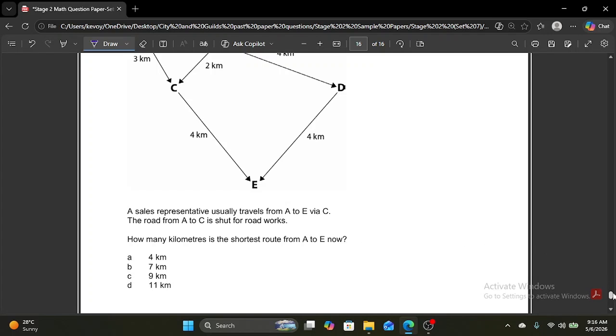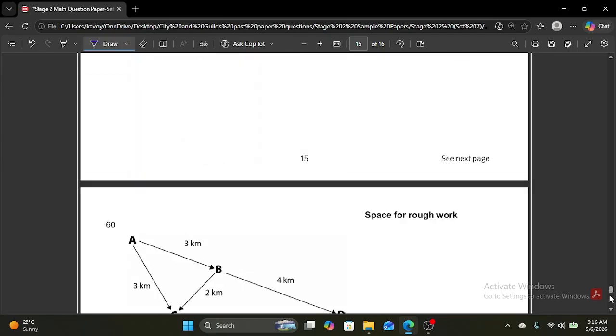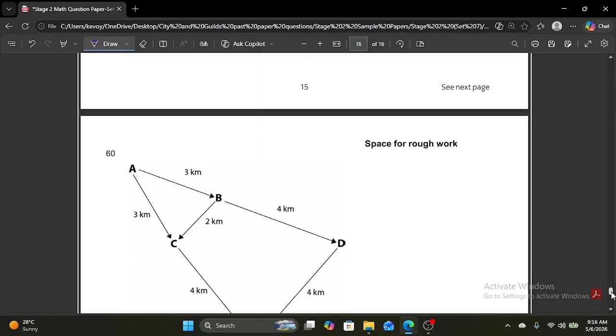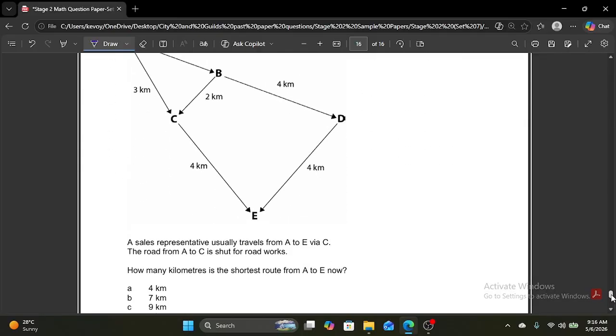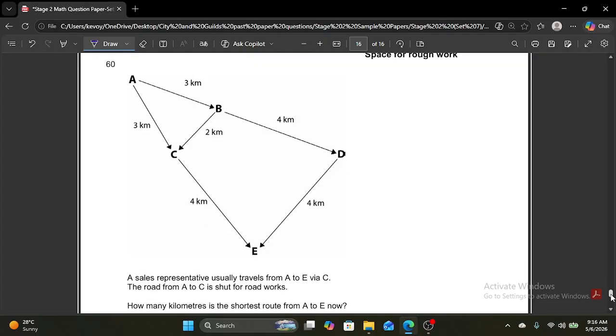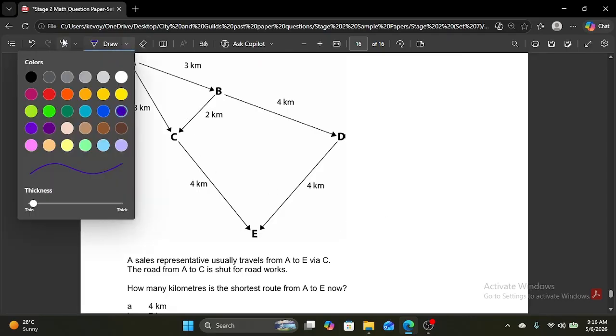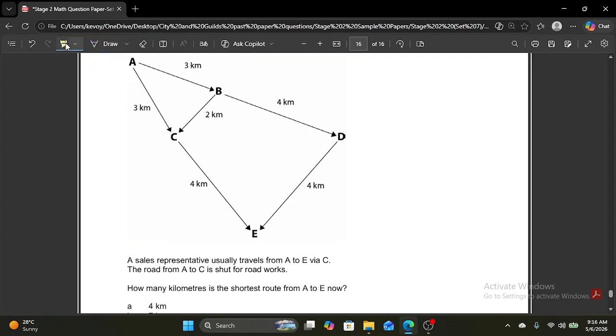So let's look at A to E. Alright, so the road from A to C is out of work. Let's just highlight that with the red.